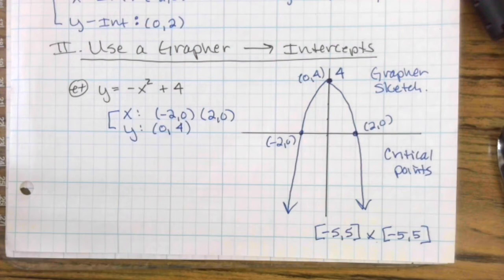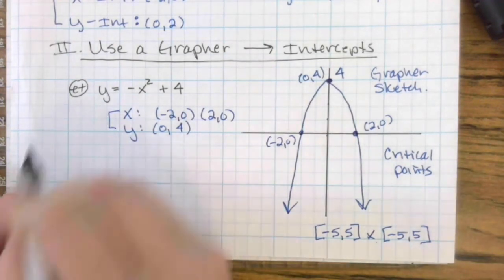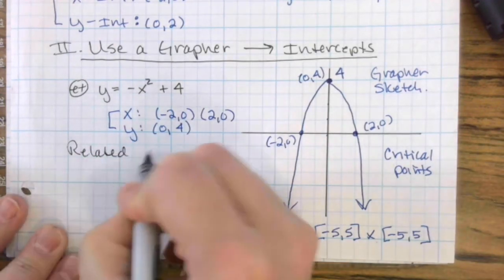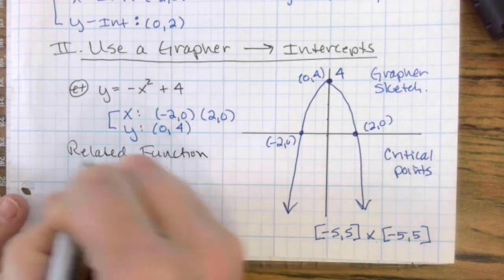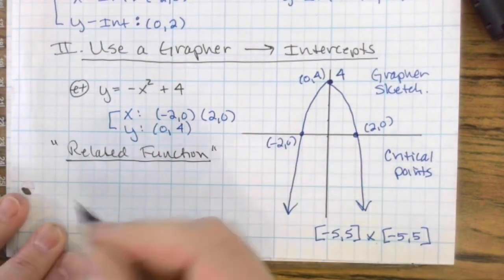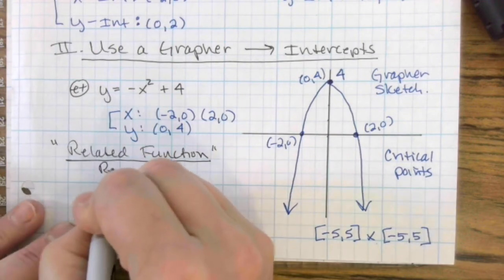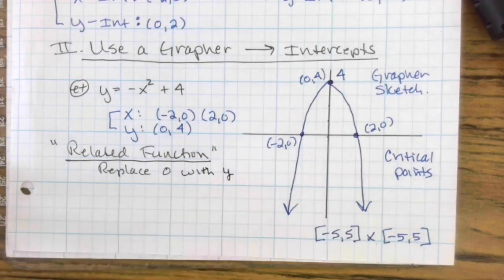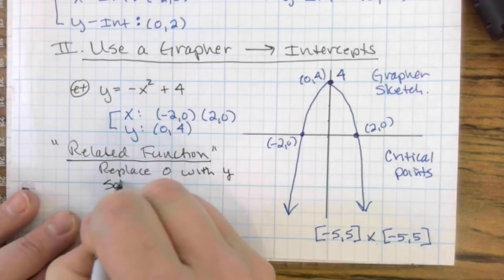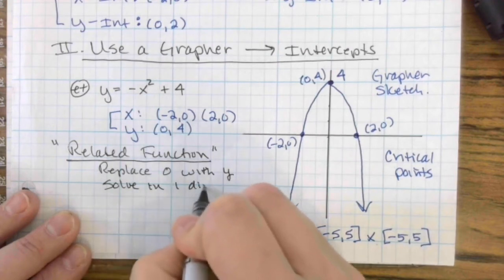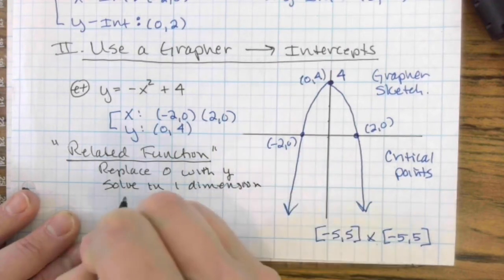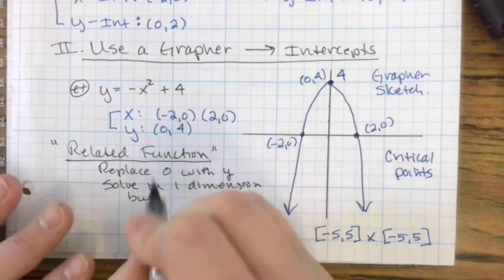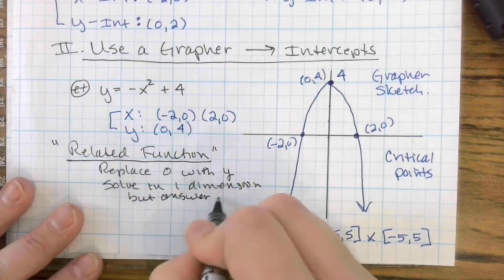So what you're going to be doing on your homework is you're going to be finding intercepts using what's called a related function. Okay, so a related function means that you replace 0 with y. So you solve in one dimension, but you answer in 2.